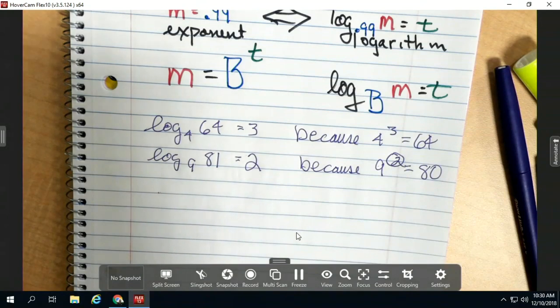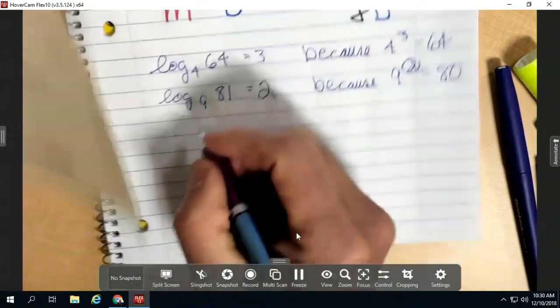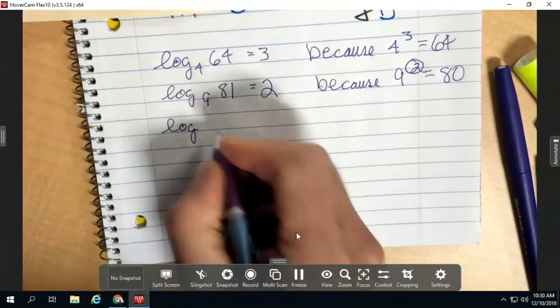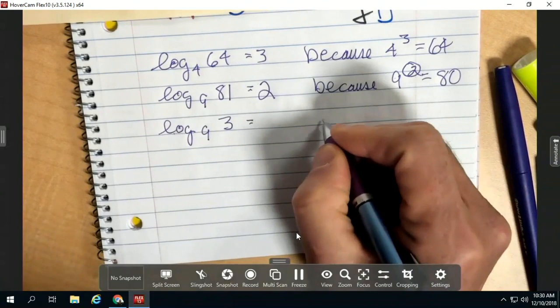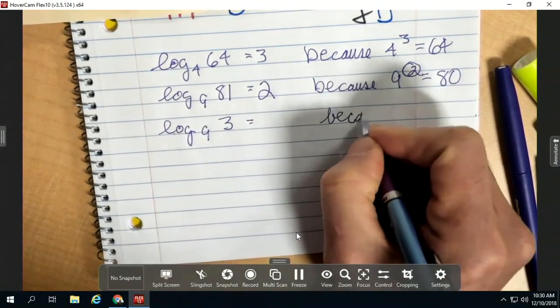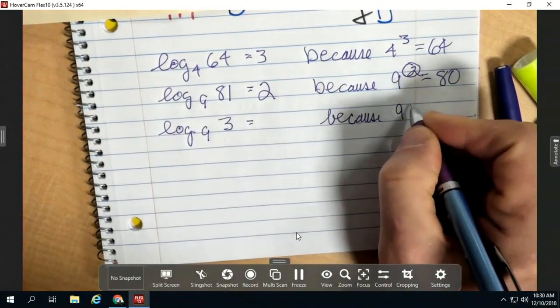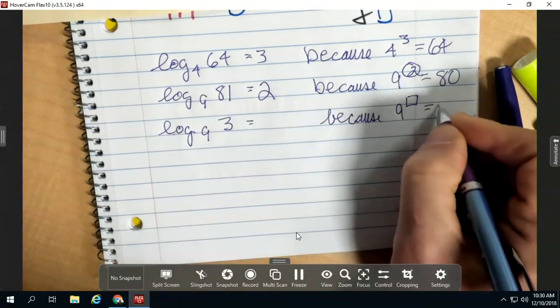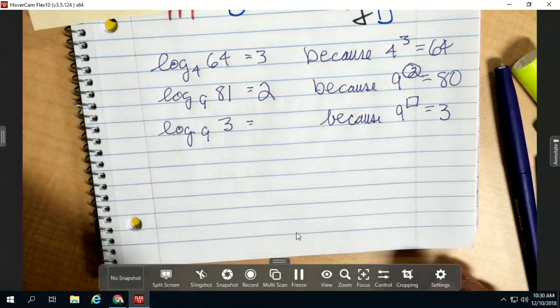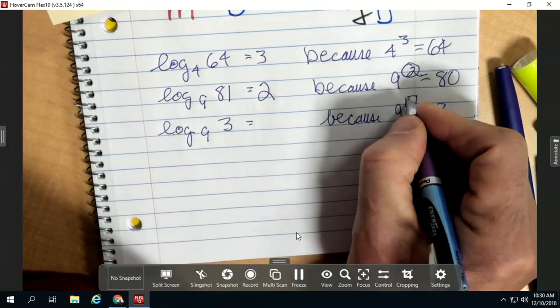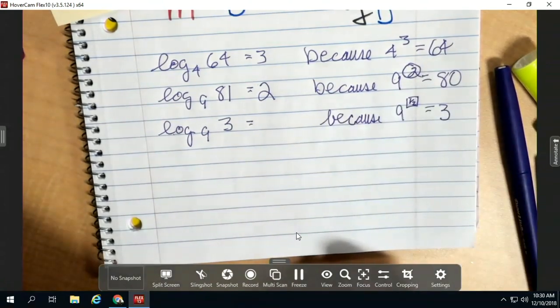Next one is a little bit tougher. Log base 9 of 3. We don't know what that is, but we do know it's because 9 to some power is 3. Would you agree the 3 is the square root of 9? How do you do square root? 9 to the 1/2.